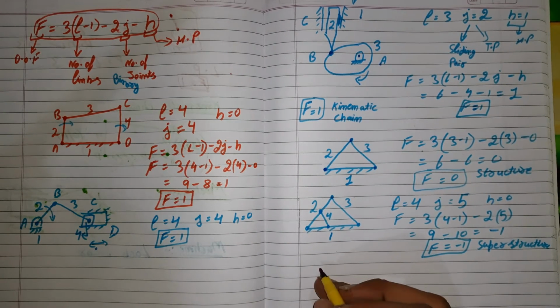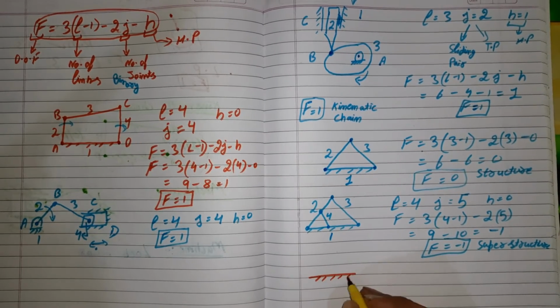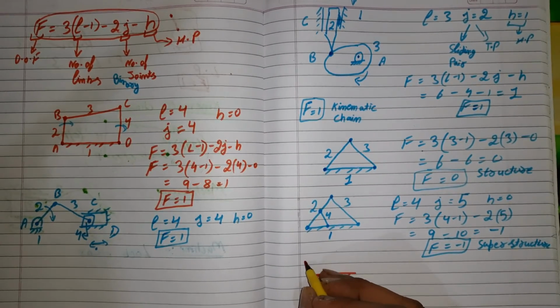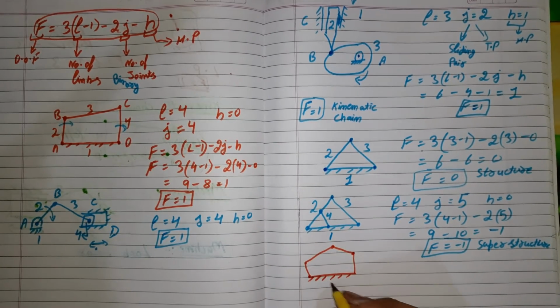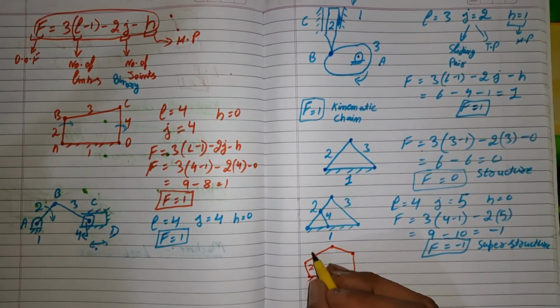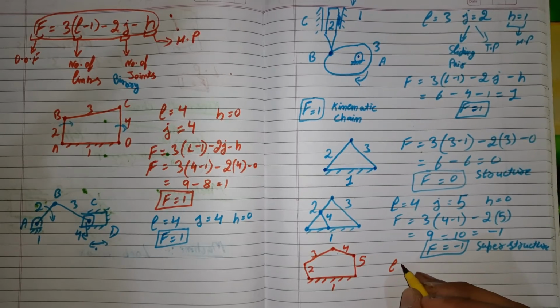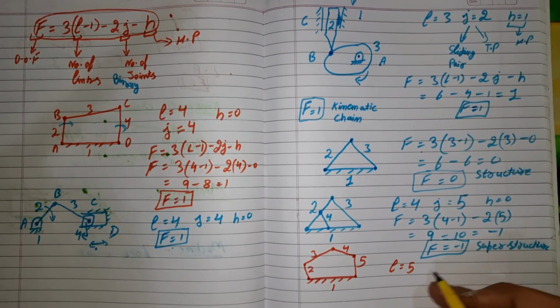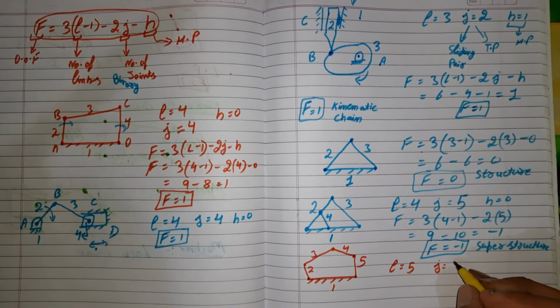Now let us consider the second example. This has links 1, 2, 3, 4, 5. Link 1 is fixed. Here L is equal to 5. J is equal to 1, 2, 3, 4, 5. J is also 5. H is 0.